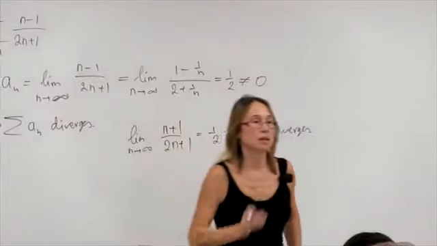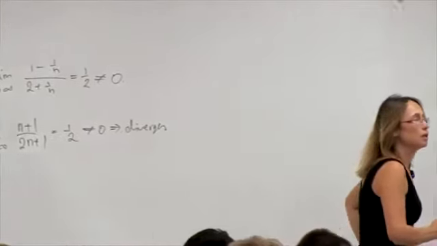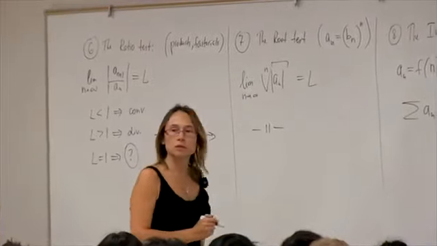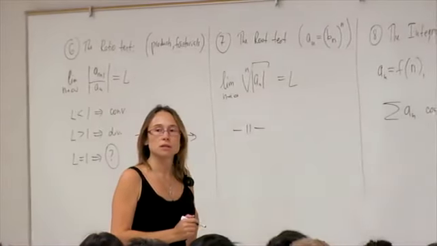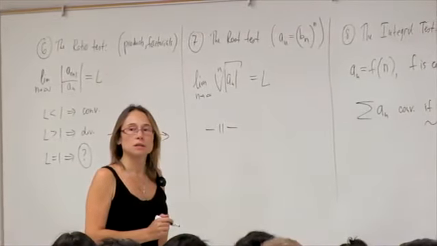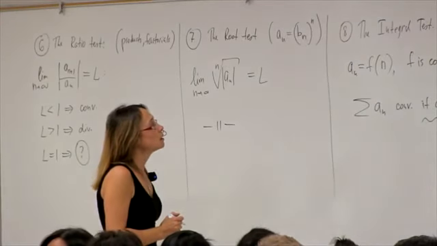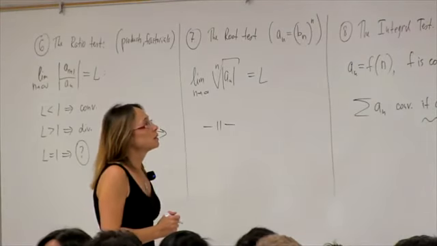Question, a slight one. For the integral test, it's written that if f is continuous, positive, and decreasing, then the two behaviors are identical in terms of convergence or divergence. I'm wondering, is that condition there because if f is not positive, or if f is not decreasing, then there's no point, the series would diverge anyway?